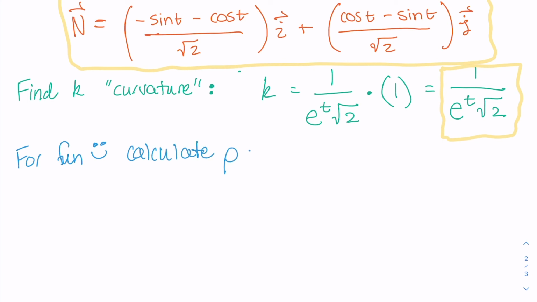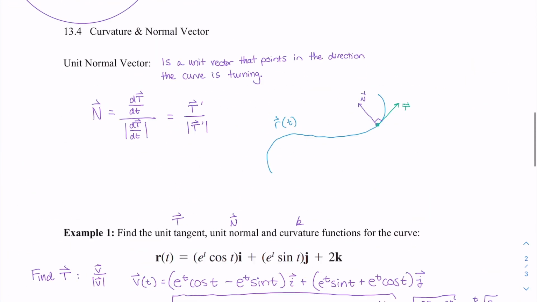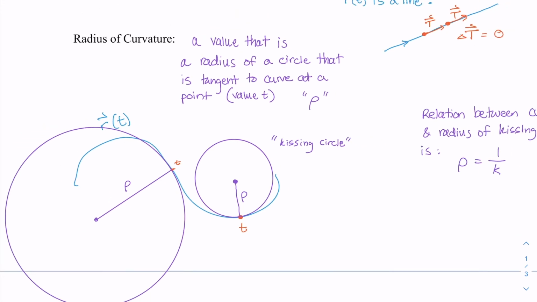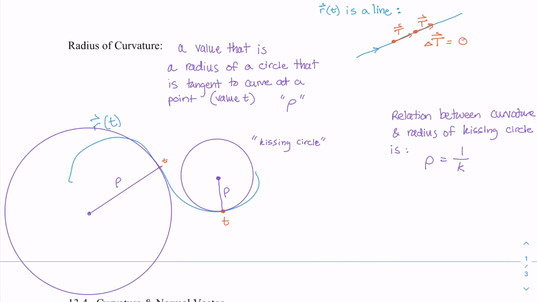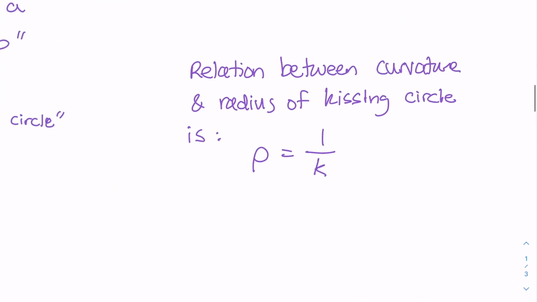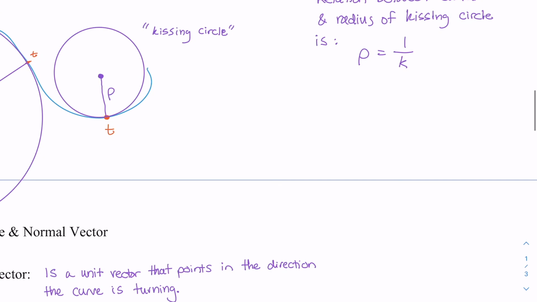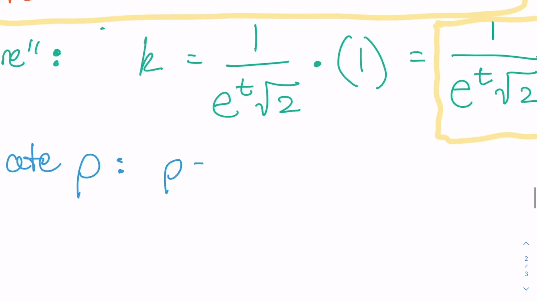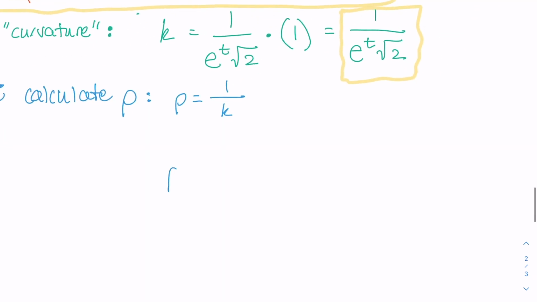And so rho is this idea here where we found curvature at every point, but now we want to know what the radius of the tangent kissing circle is at every point on the curve, and we can just use this formula here, that radius is inversely related to the curvature. So we know that rho is equal to 1 over kappa. So in this case, we'll get rho is just equal to e to the t square root of 2.